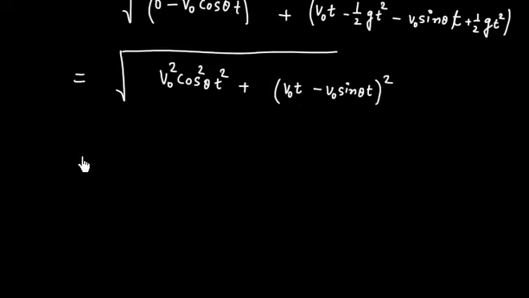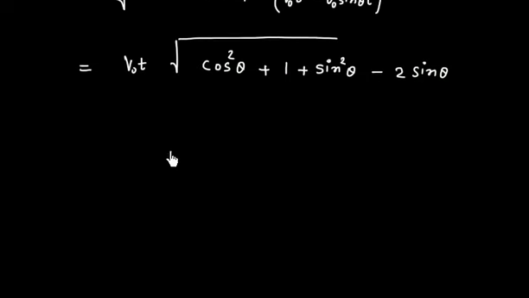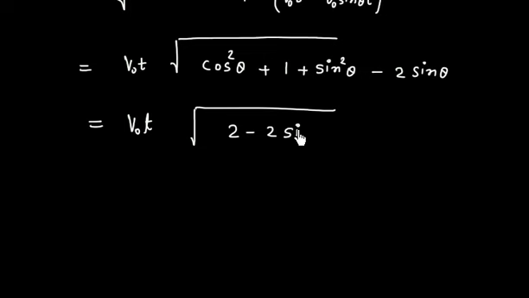If you take v0 t common outside, we can write v0 t outside, and inside the root you have cos square theta here, plus 1 square plus sin square theta, and then we'll have minus 2 sin theta. Are you getting? If you do more simplification, you will have v0 t under root sin square theta plus cos square theta 1, 1 plus 1 is 2, 2 minus 2 sin theta.